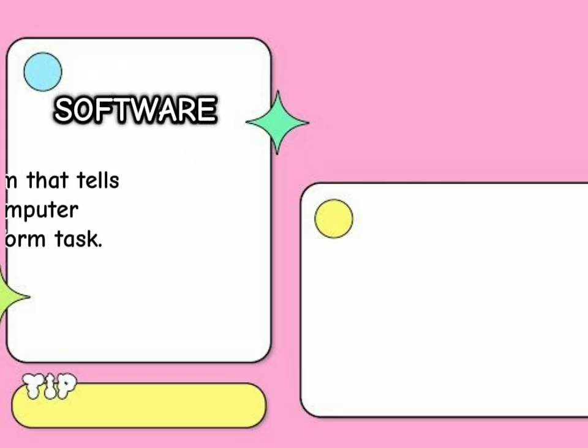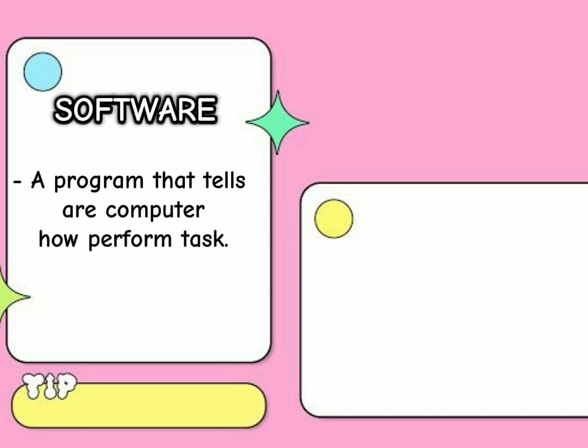So let's start with the software. A program that tells our computers how to perform tasks. So software is the intangible part of the computer system. You will not be able to see or touch software because these are instructions created by a programmer to tell the hardware what to do.